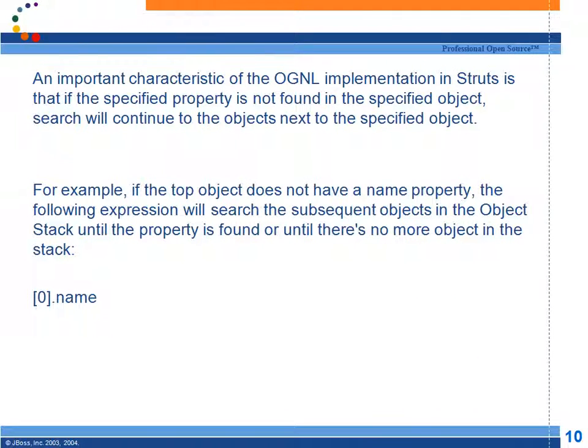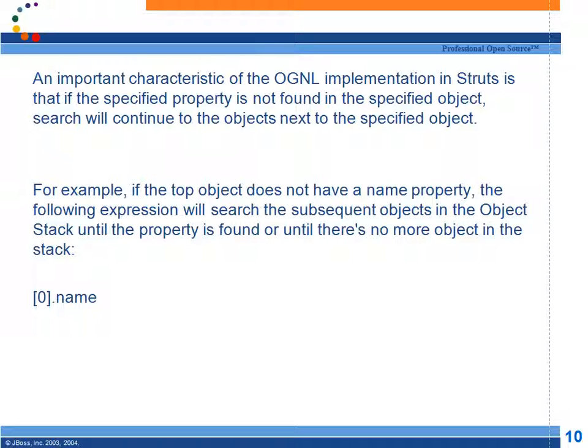The important characteristic of the original implementation of Struts is that if the specified property is not found in the specified object, Struts will continue to the object next to the specified object. What do I mean? Suppose I am trying to print 0 dot name, right? It will search for a property called name on which object?